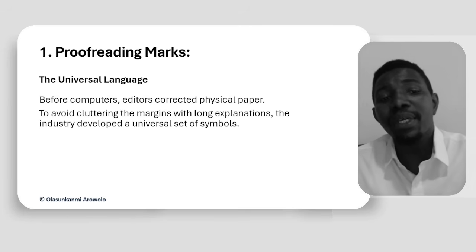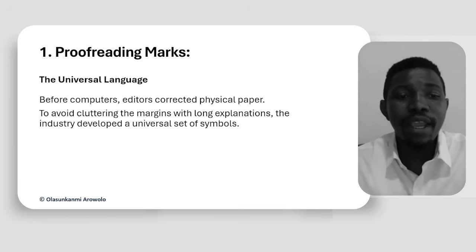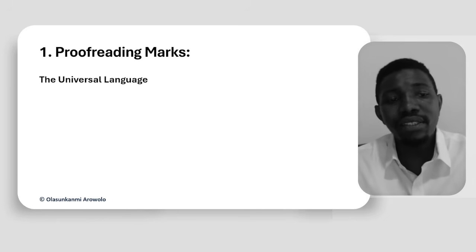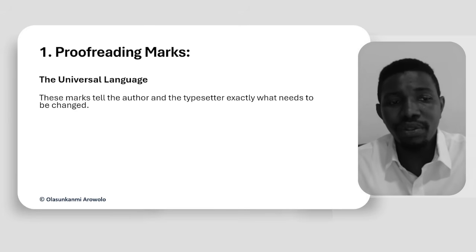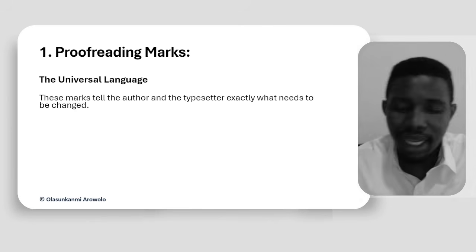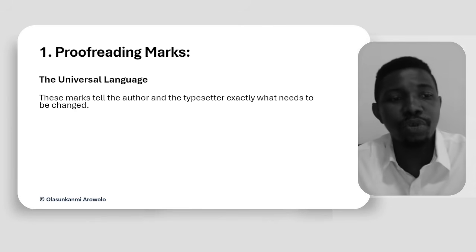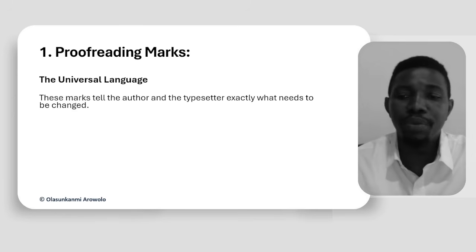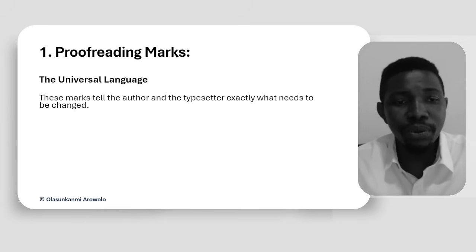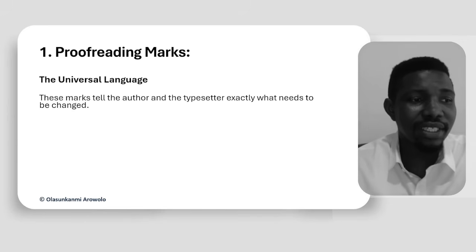The industry developed a standard set of symbols to help them do this. What are these universal symbols that we're talking about? These marks help us tell the authors and the typesetter exactly what needs to be changed, what needs to be replaced, what needs to be improved. And with this, they are able to communicate effectively.